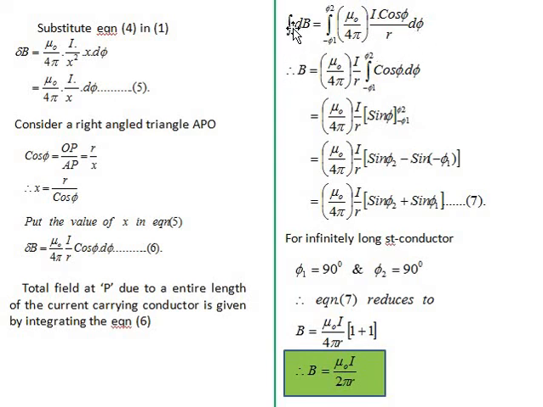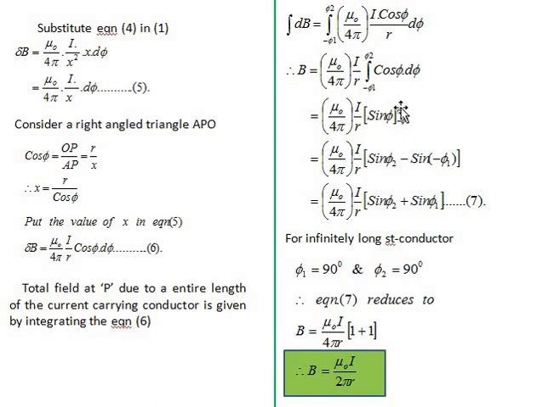Therefore, integration of dB means small magnetic elements are added together. So it becomes one big magnetic element, that is B, equal to mu naught by 4 pi I by R, which is a constant term. We take it out and we integrate the cos phi d phi between the limit minus phi 1 to plus phi 2. Clear? So it is equal to mu naught by 4 pi I by R into sin phi between the limit minus phi 1 to phi 2.